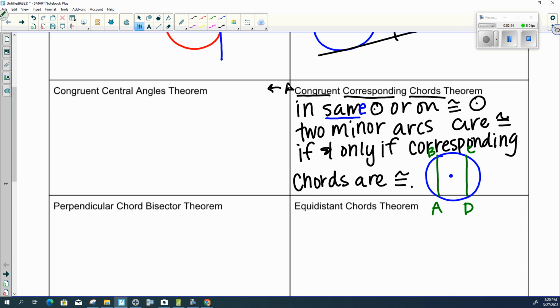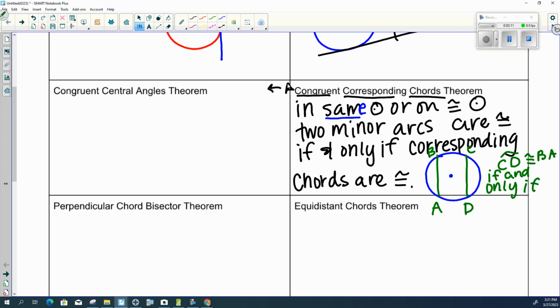So let's go back and read this again. I'm on the same circle. So these 2 minor arcs, this arc CD is going to be congruent to this minor arc BA if and only if the corresponding chords are congruent.